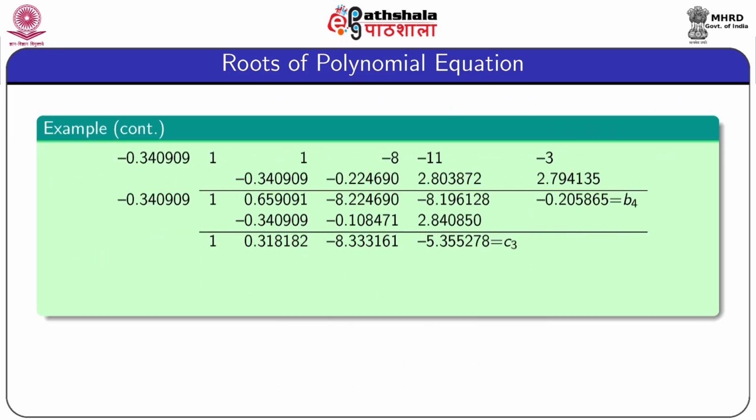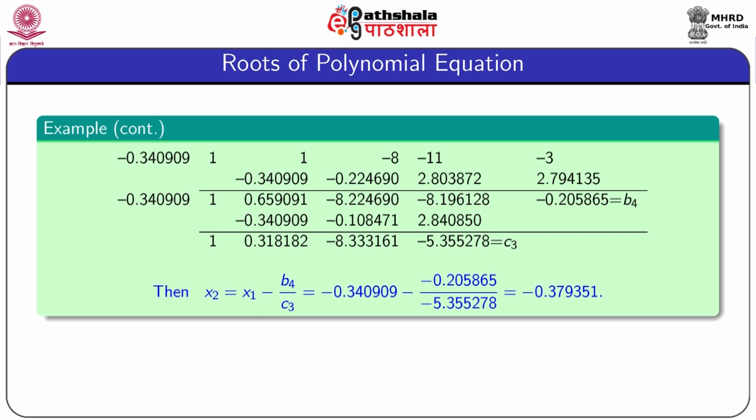Now, we apply the second iteration to find the second approximate root. The values of b's are shown in the third row of the table, and values of c's are shown in the fifth row of the table, and therefore, the second approximate value x2 equal to x1 minus b4 by c3, which is equal to minus 0.379351.